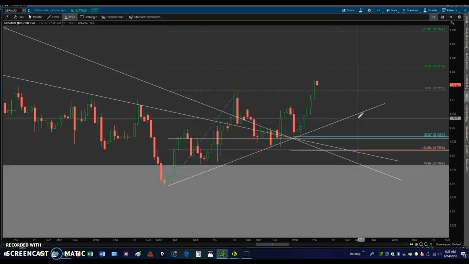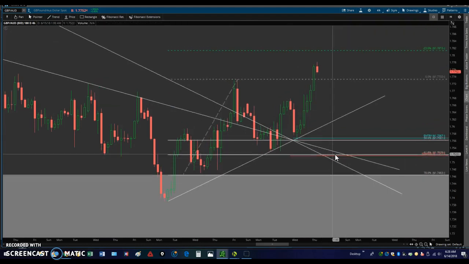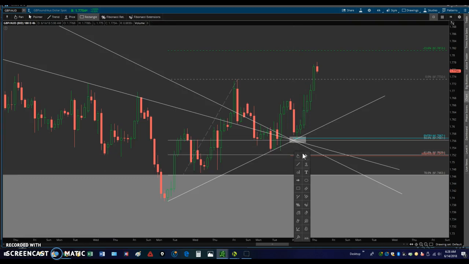So like I said, I gave it a little bit of wiggle room, but it wasn't an extreme amount because, again, I'm a confluence trader. I don't wait for any type of confirmation. I find where all my confluence is and I enter. And that was essentially right there. So I do not need to give it such a large stop.